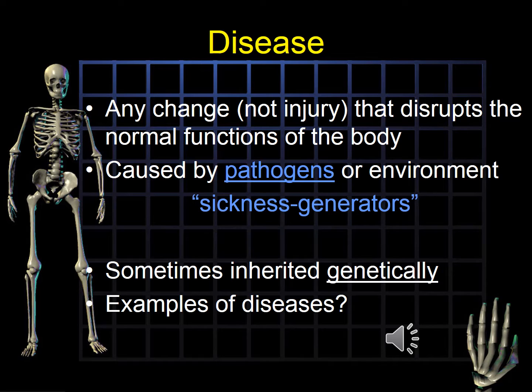It disrupts normal body functions, and it's caused by pathogens or environmental sickness generators. Some people get really sick from pollen in the air during spring, like right now. Their body overreacts to the pollen in the air, so they may get environmental sickness.